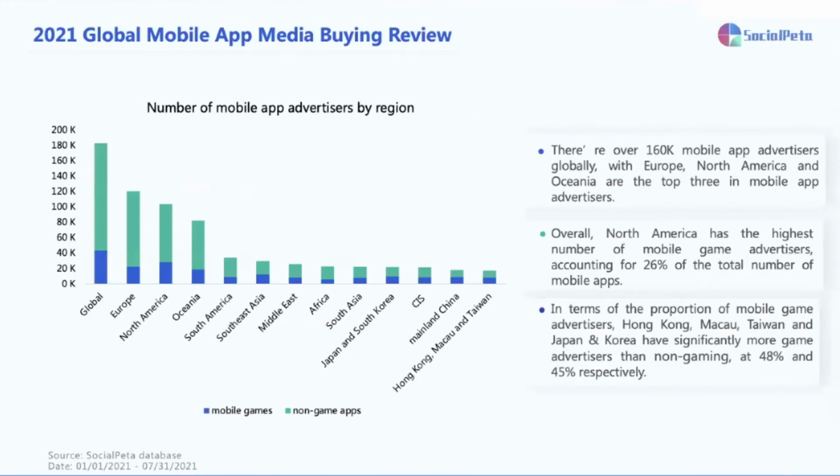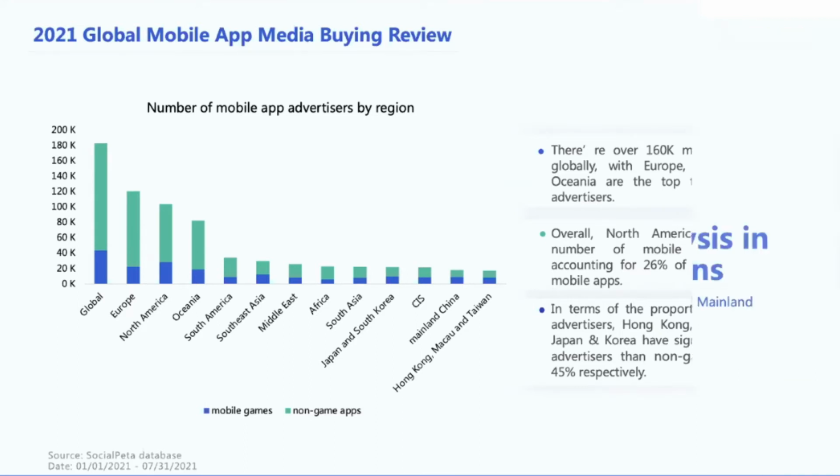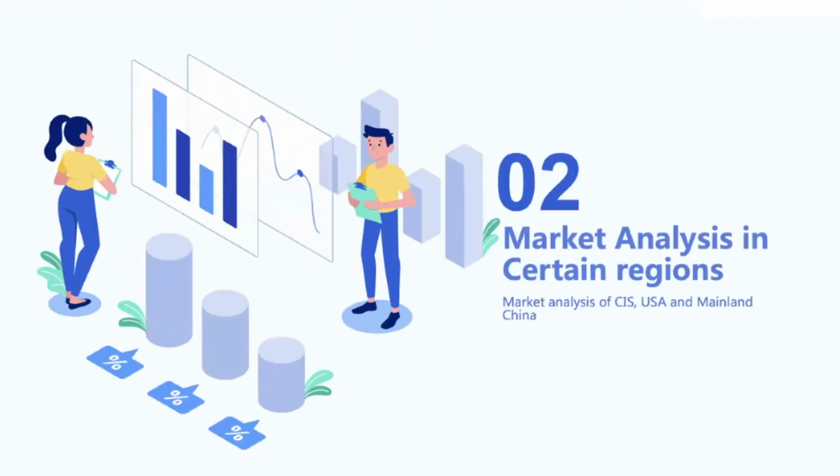We can see that the top 3 regions with most advertisers are Europe, North America, and Oceania. 26% of advertisers in North America are gaming, which is the highest proportion among other regions. Also, in our next section, we would like to share some market trends in CIS, US, and China mainland.